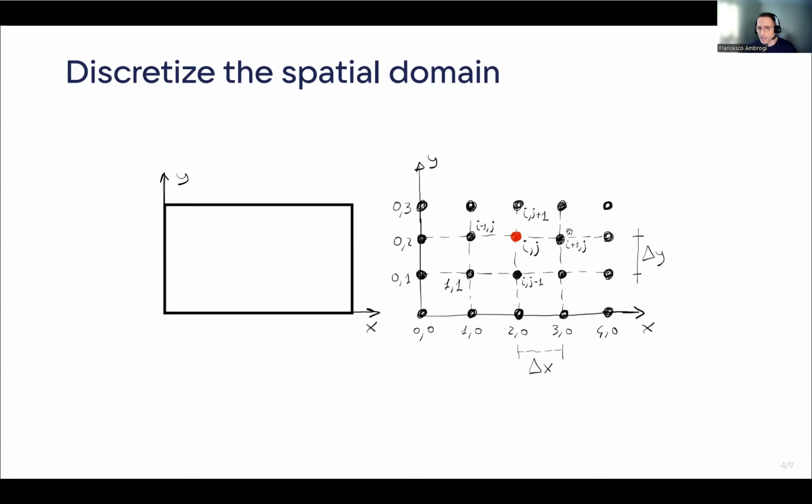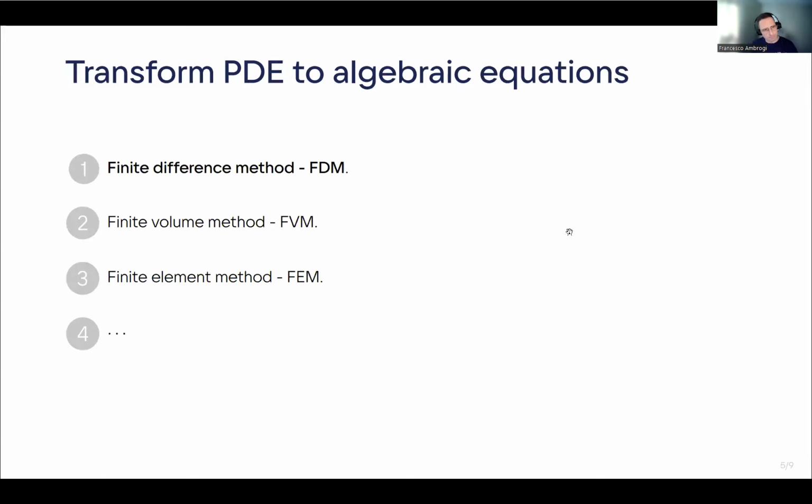But basically, in this schematic, you divide it into a finite number of grid points. The moment you divide in a Cartesian grid like this, you can map every point with a couple of indices i, j. And delta x and delta y here are the grid spacing in x and y. So this is step 1. We forget about the figure on the left and we only consider the grid that we have on the right.